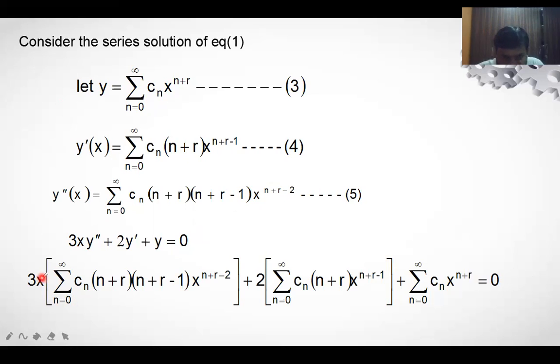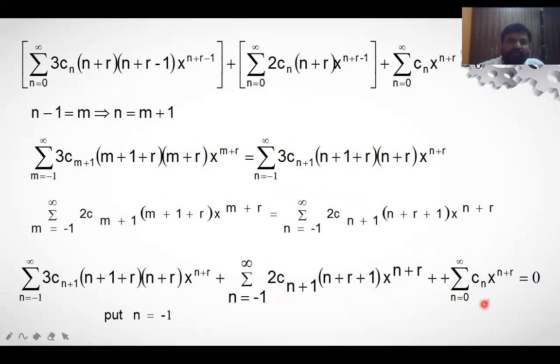Substitute these values and simplify. Summation n equal to 0 to infinity Cn into n plus r into n plus r minus 1, x raised to n plus r minus 2 plus 1, that is n plus r minus 1. There is no change in the second and third term. Now what is the first step in this? We have to make the index of all the terms unique, that is n plus r.